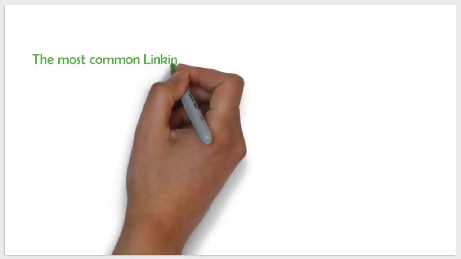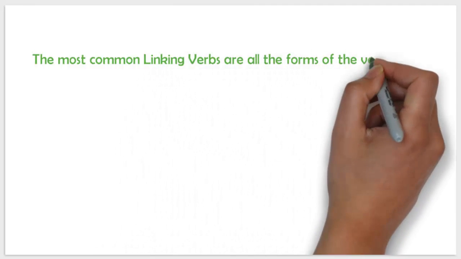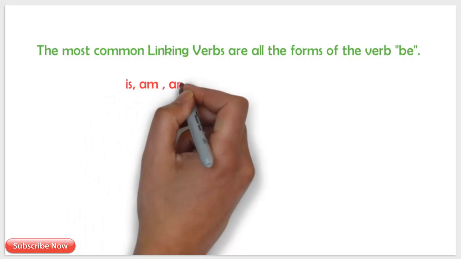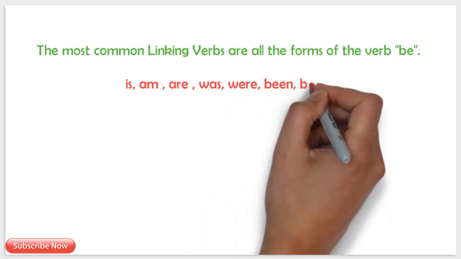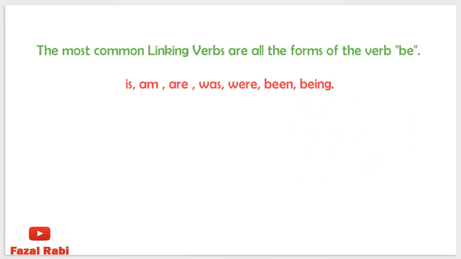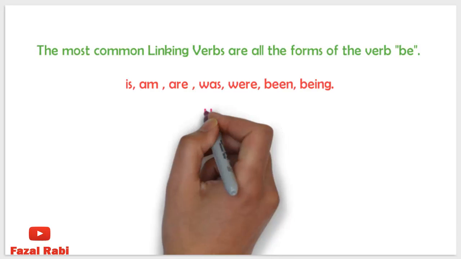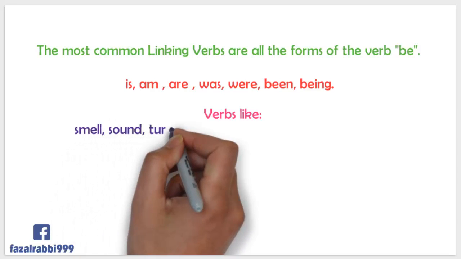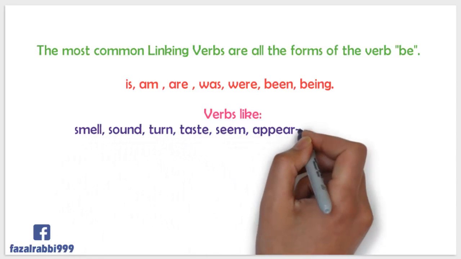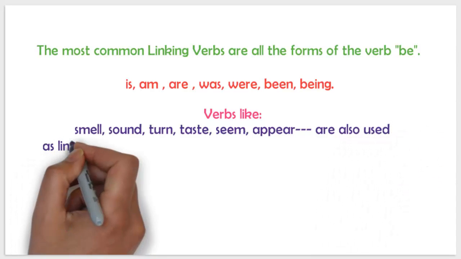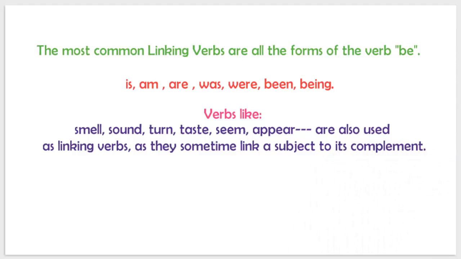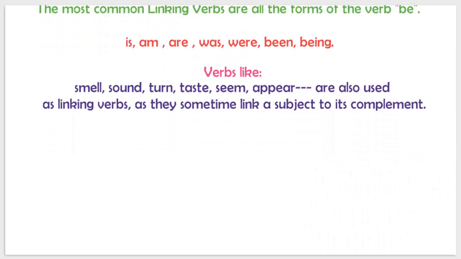The most common linking verbs are all the forms of the verb be. They have 7 other forms: is, am, are, was, were, been, and being. Verbs like smell, sound, turn, taste, seem, appear are also used as linking verbs, as they sometimes link a subject to its complement.